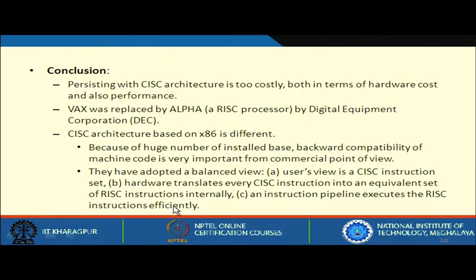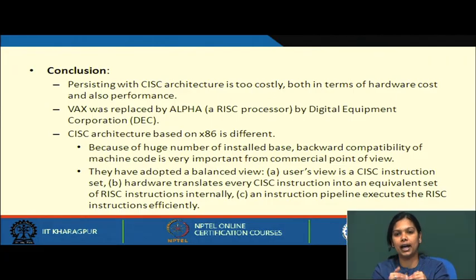So, they still have the older CISC architecture at the user level, but at the lower level they have RISC, where instructions are converted into simpler instructions and those simpler instructions are executed. Pipelining can also be performed there, which makes it more efficient.